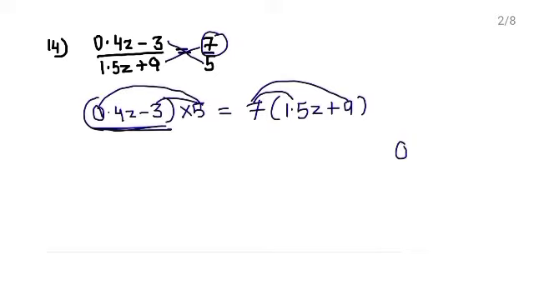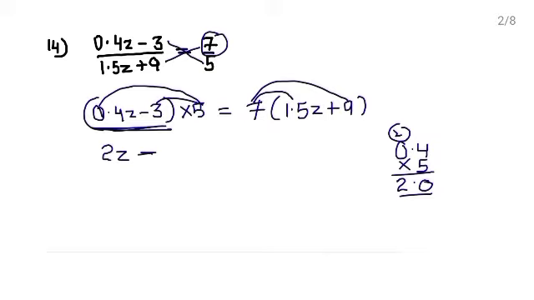So 0.4 multiplied by 5. 5 fours are 20. 5 zeros are 0, 2. So this is 2.0, or you can write just 2z, minus 5 will be multiplied by this 3.